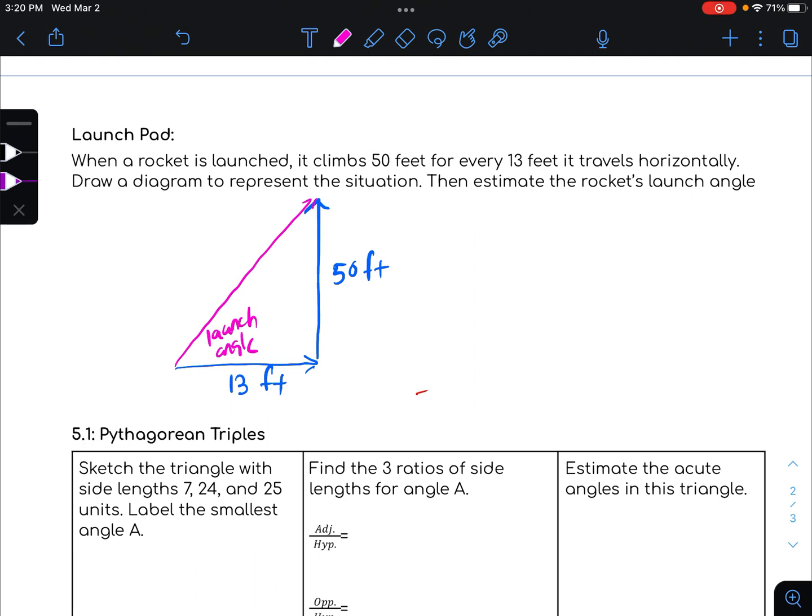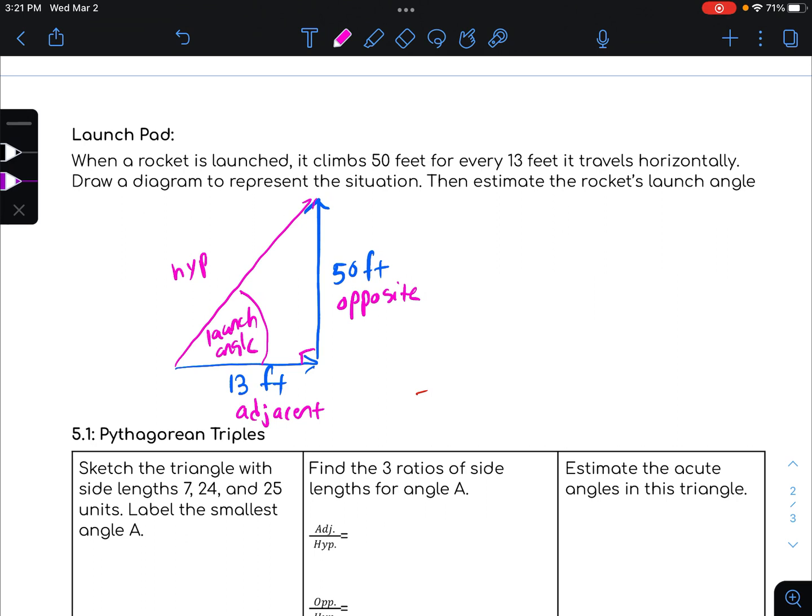So we know that if we're talking about our launch angle here, that we would label this side then as the opposite side, and this side would be the adjacent side. And of course we have the hypotenuse over here, but the number labels we have are on the opposite and adjacent sides.